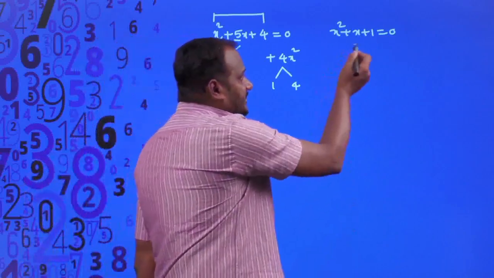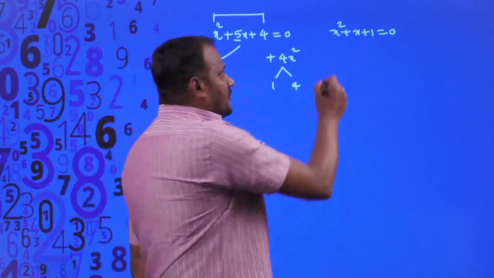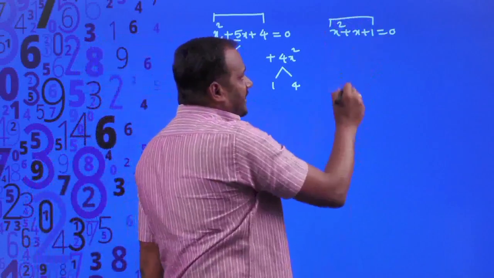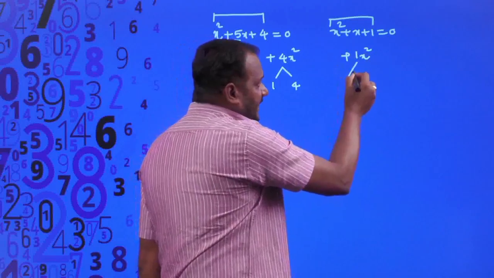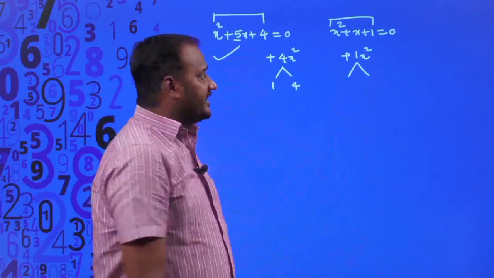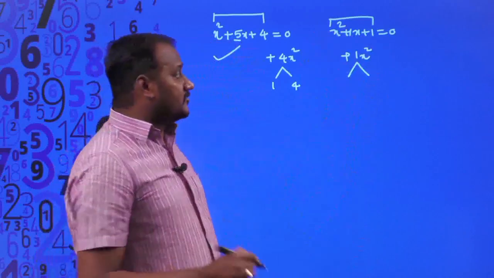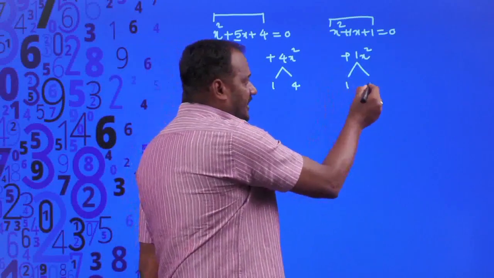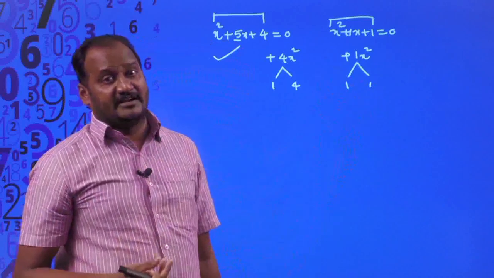Whereas x square plus x plus 1 is equal to 0, this is another quadratic equation. Now when you multiply x square and 1, that is going to be 1x square or x square, and now when you factorize this 1, the sum of the factors should also be equal to 1. The only factors for 1 are 1 and 1, but when you add 1 and 1 you will get 2, but you cannot get 1.